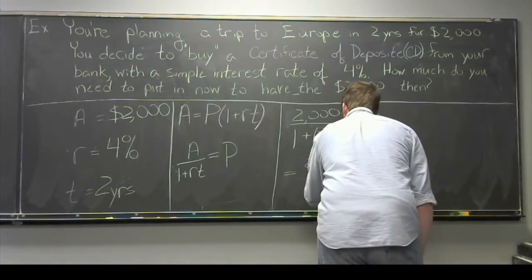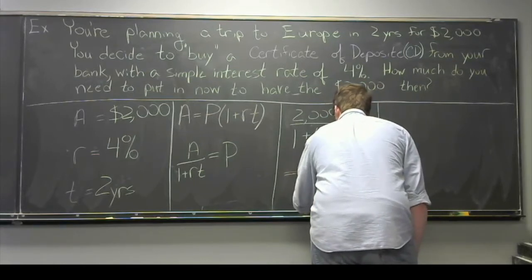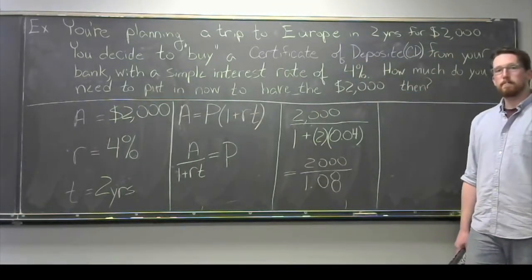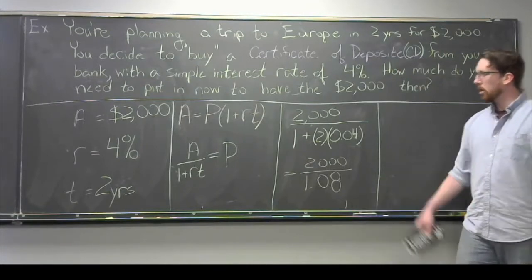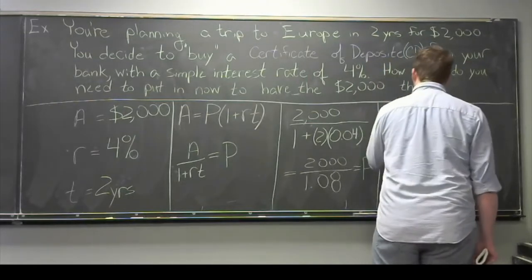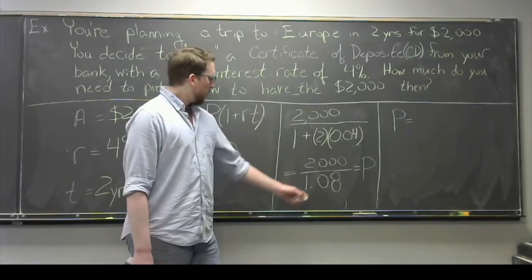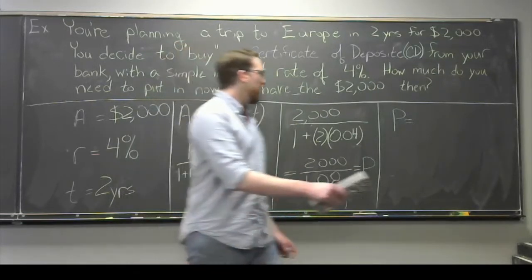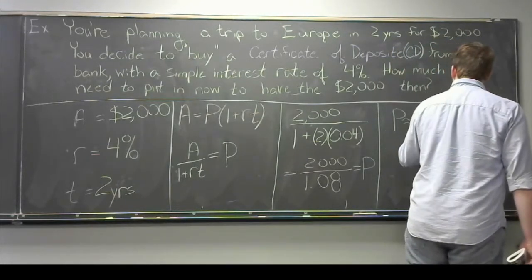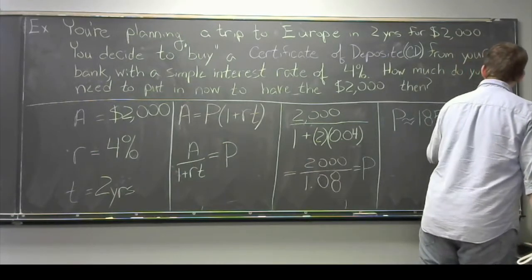It's going to be 2,000 divided by 1.08, which is going to give us our principal amount. Once we do the division, we're going to find that the principal amount is about 1,851,852.